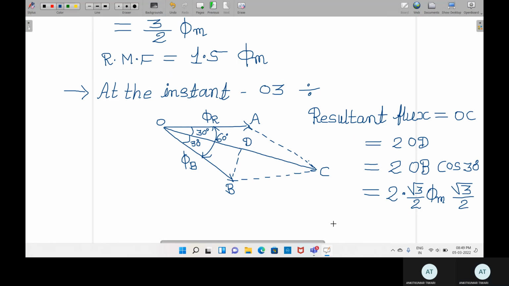So this will be cancelled. Root 3 whole square divided by 2 into phi m.